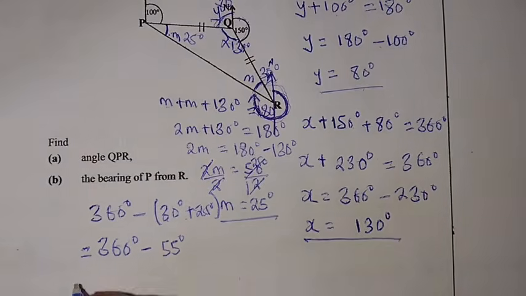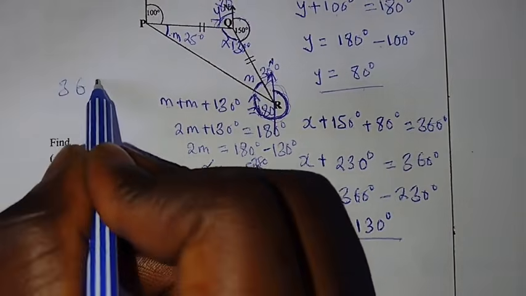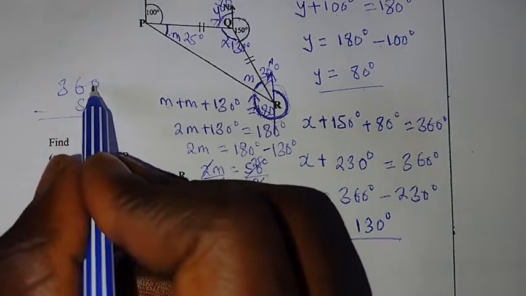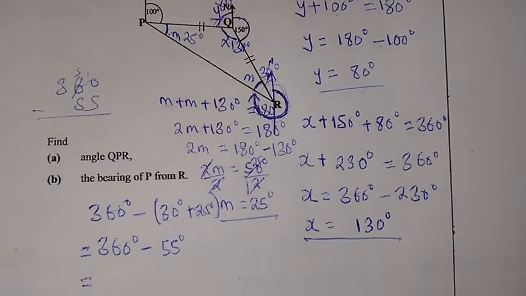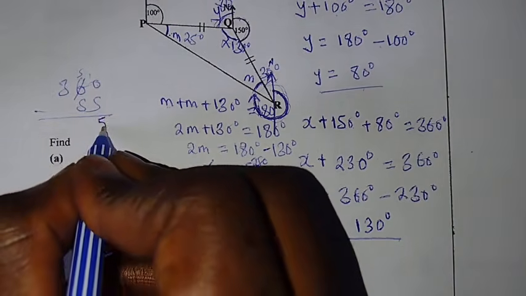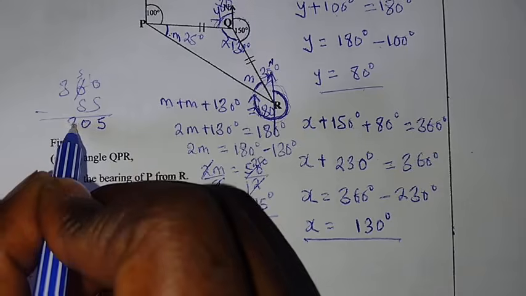So let's just subtract 360 minus 55. 0 take away 5, it can't, so we borrow, and we have 10 take away 5, which gives us 5. 5 take away 5 is 0. 3 minus 0 is 3.